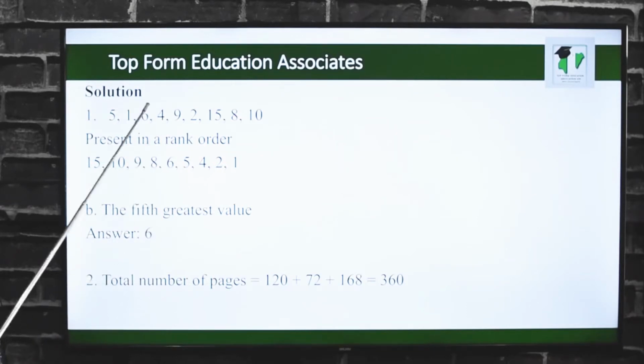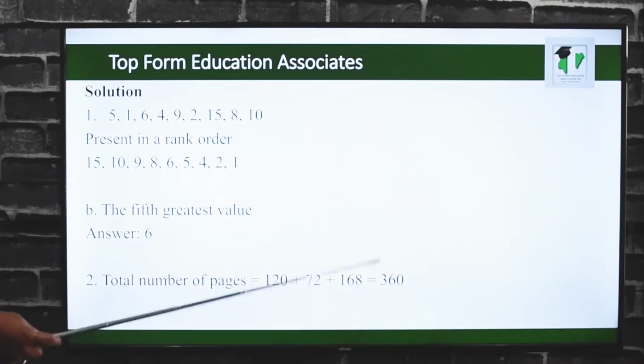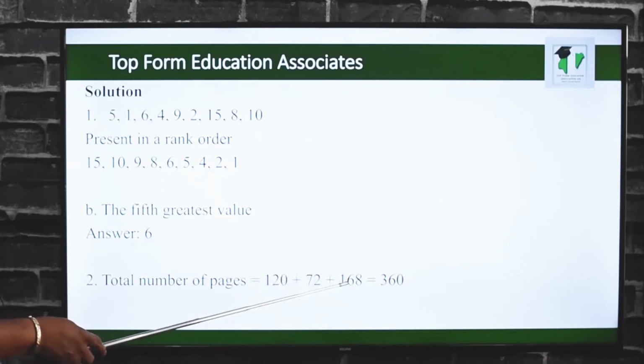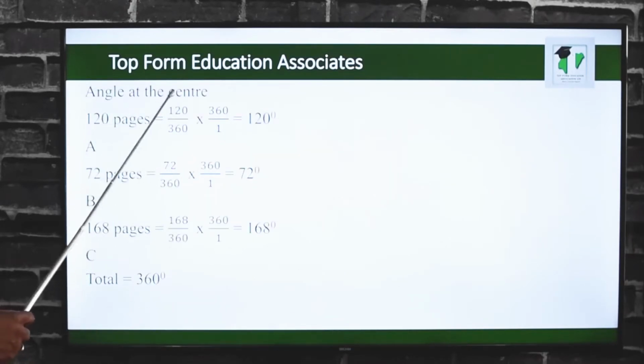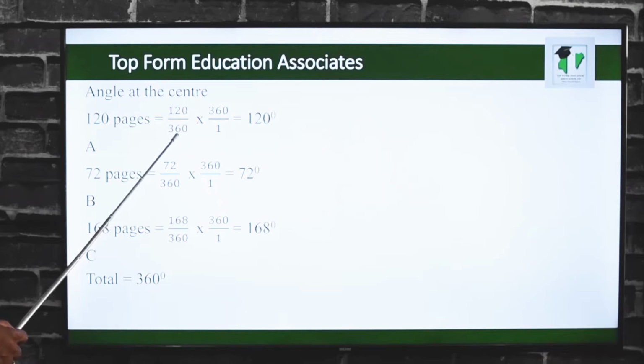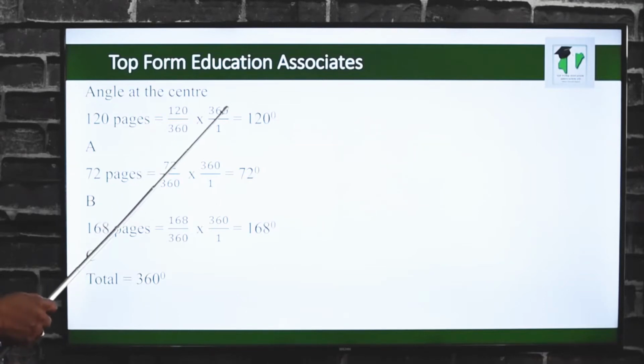Now, in question number 2, the total number of pages for drawings, photographs, and so on is 120 plus 72 plus 168, giving us 360. So angle at the center, 120 pages will be 120 over 360, which is the total, times 360 degrees.